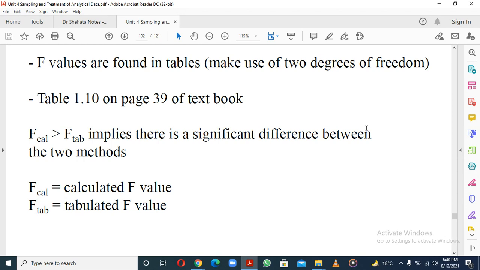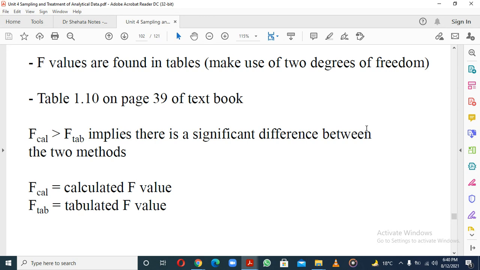That's pretty much how they would bring your questions. So there is a question, question 11 in your tutorial sheet. It says a new method of determining cobalt in soil sample gives 99.35 percentage recovery.